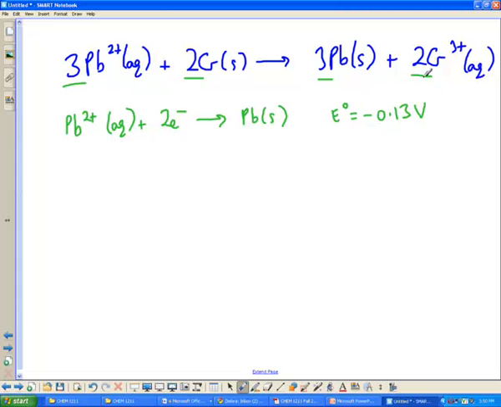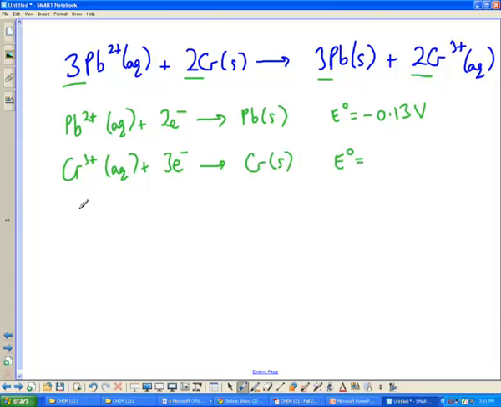Now, if we look at the other reduction potential, that of chromium 3 plus, I guess that will be plus 3 electrons to chromium solid. I'm hoping everybody sees where that came from. I've got chromium 3 plus here, chromium solid.